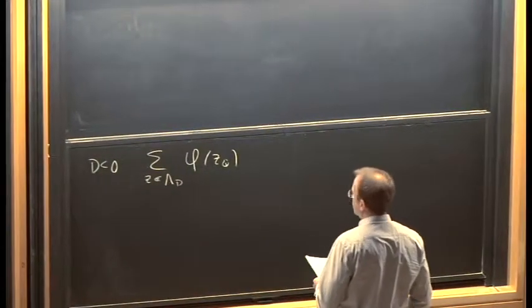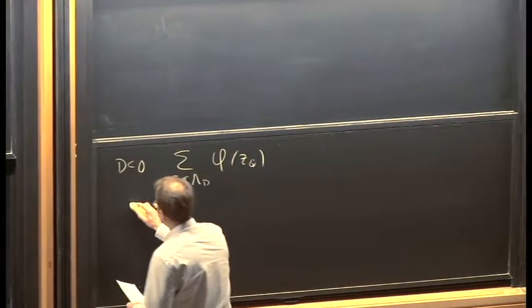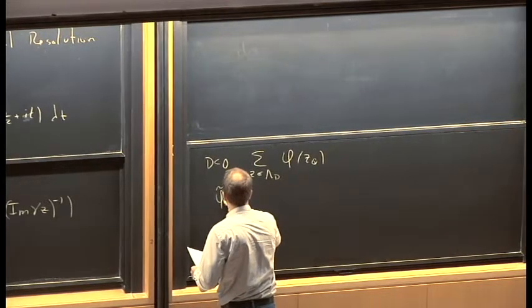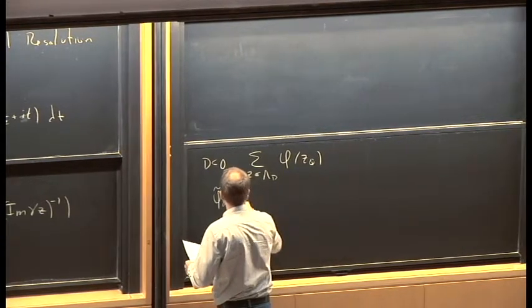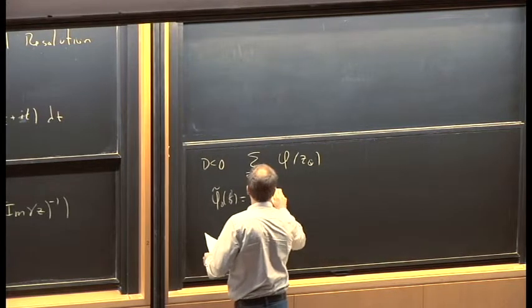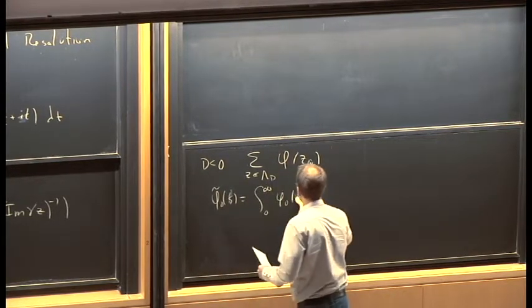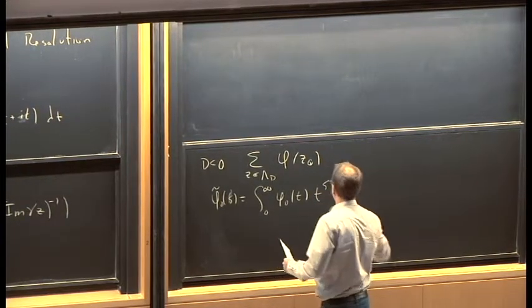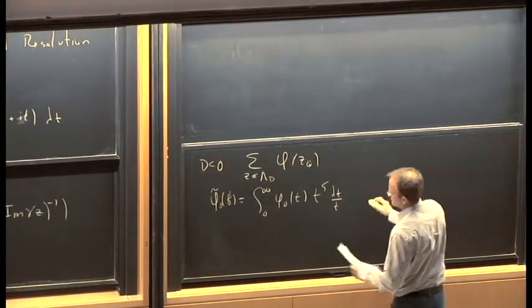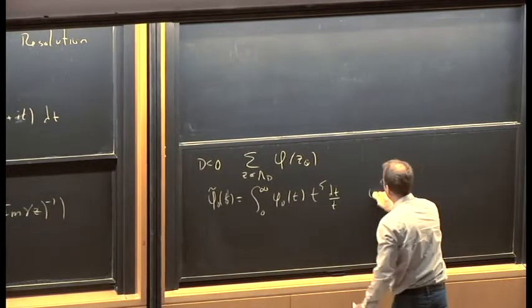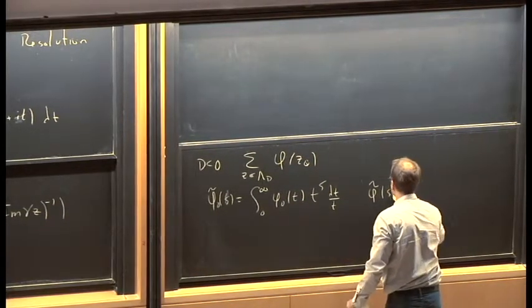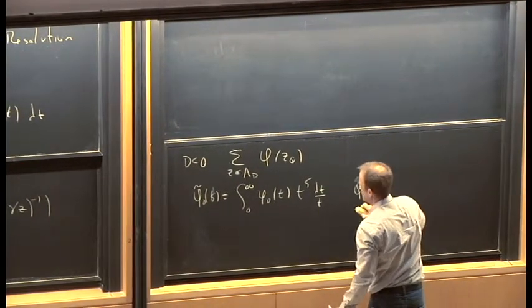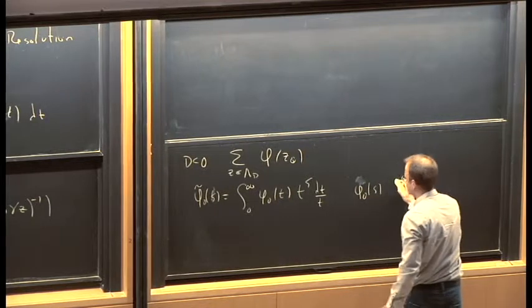Well, then I can express this. What I need to do is use the Mellin transform. So if I take the Mellin transform of phi naught, then I can express phi naught in terms of the inverse Mellin transform.